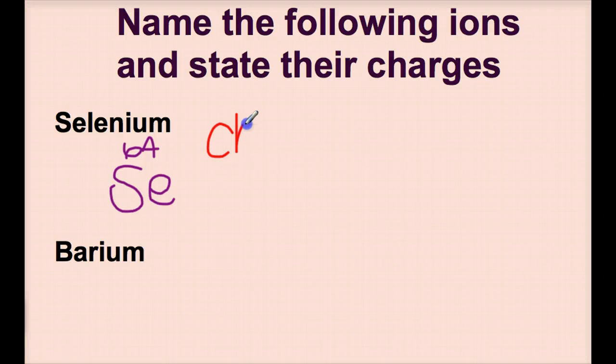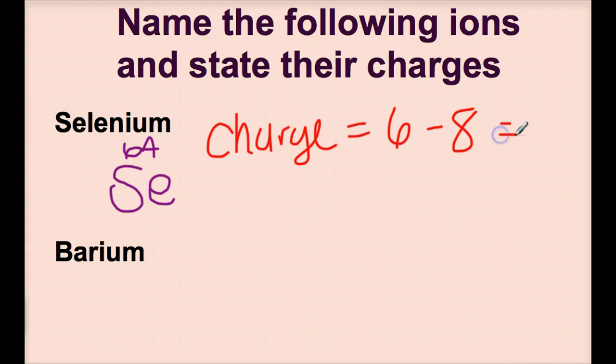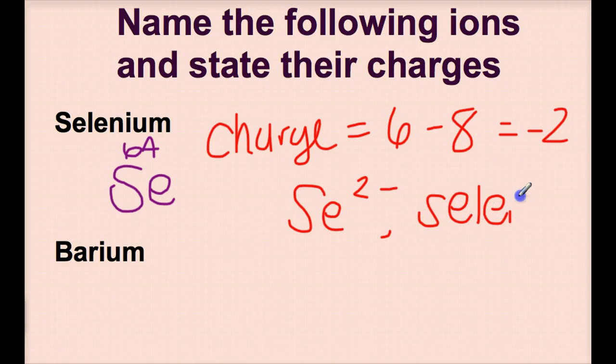So my charge is equal to the group number of 6 minus 8. That gives me -2. So selenium will become Se2 minus, and since it's an anion, it's called selenide.